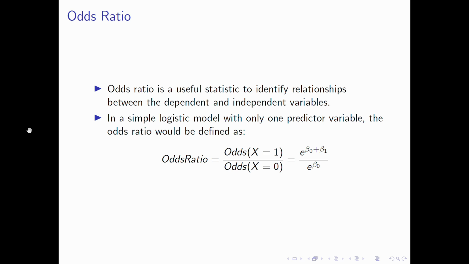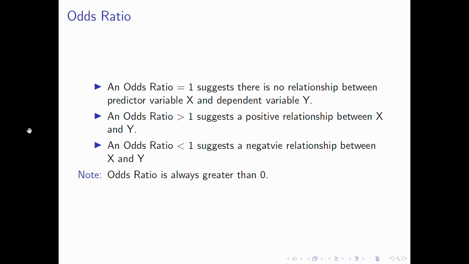The odds ratio is a useful statistic used to identify relationships between the dependent and independent variables. In a simple logistic model with only one predictor variable, the odds ratio is defined as the odds when x equals 1 divided by the odds when x equals 0. Therefore, an odds ratio equal to 1 suggests there is no relationship between the predictor variable x and the dependent variable y, because those odds are exactly the same.